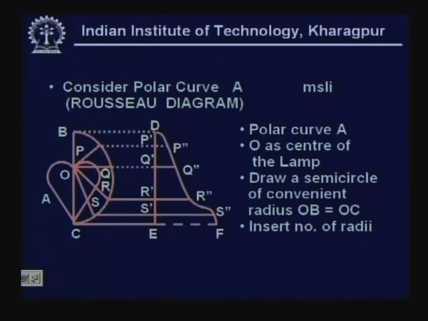Now, we see the radial which cuts at R maps as R prime, R double prime, and similarly S prime, S double prime.